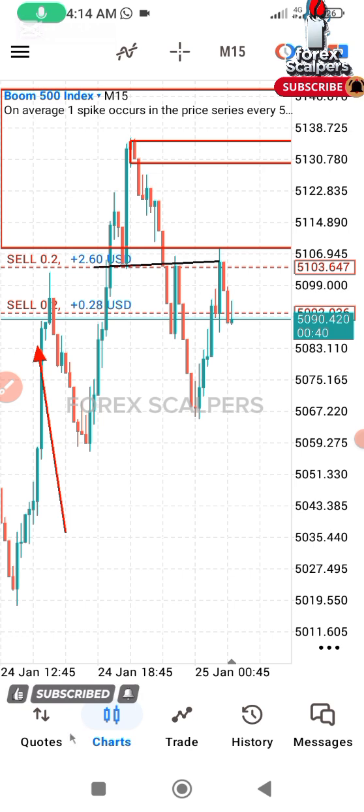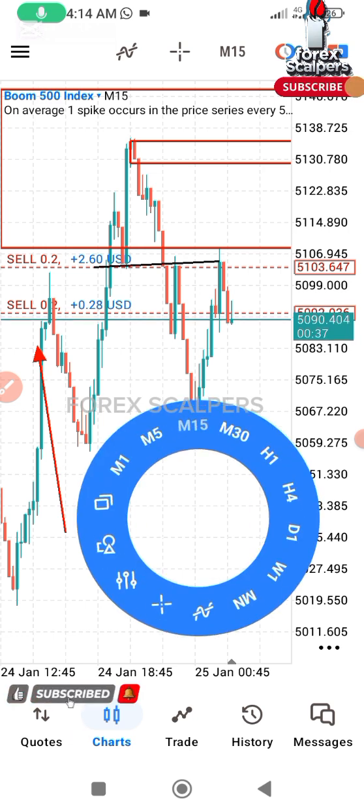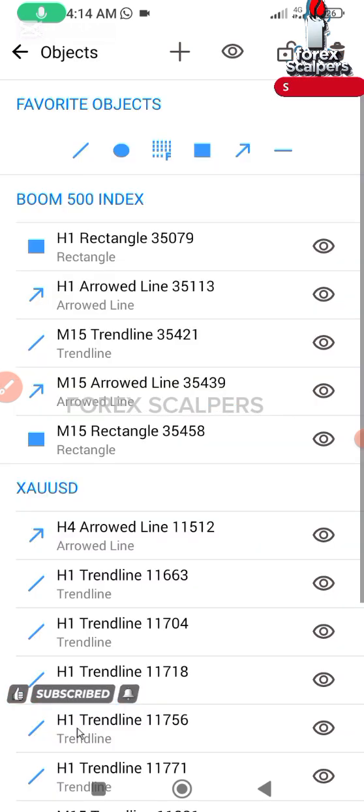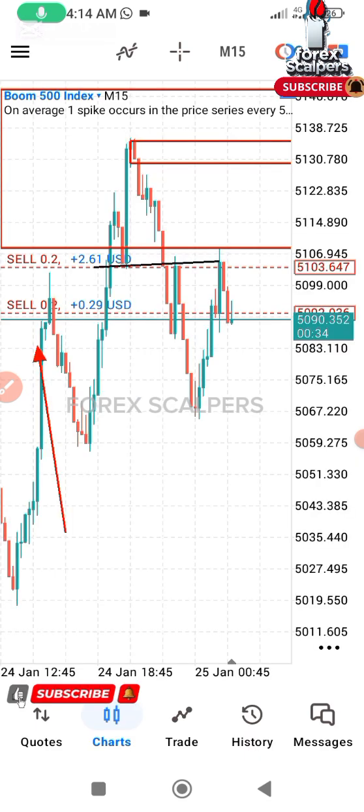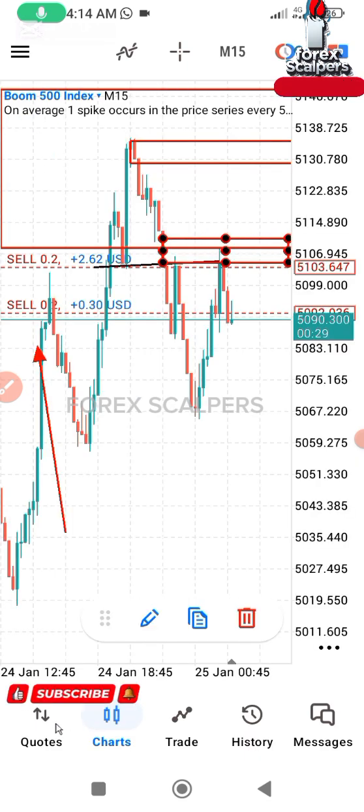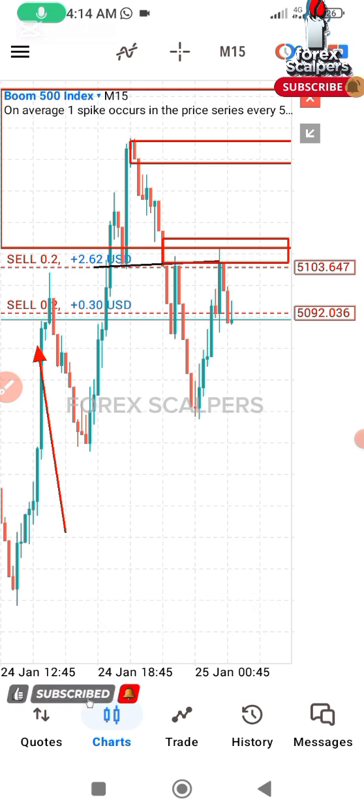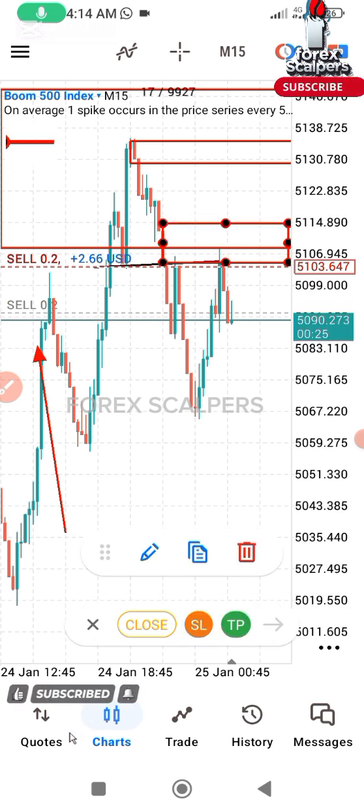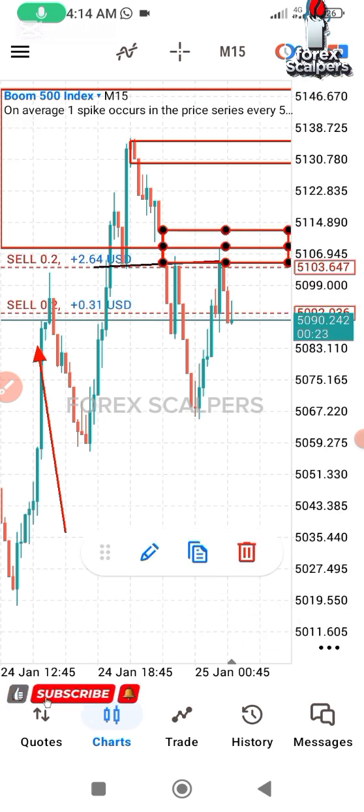We don't have a smart money cube, but we have a fair value gap. Here we had this fair value gap. So that is our fair value gap.